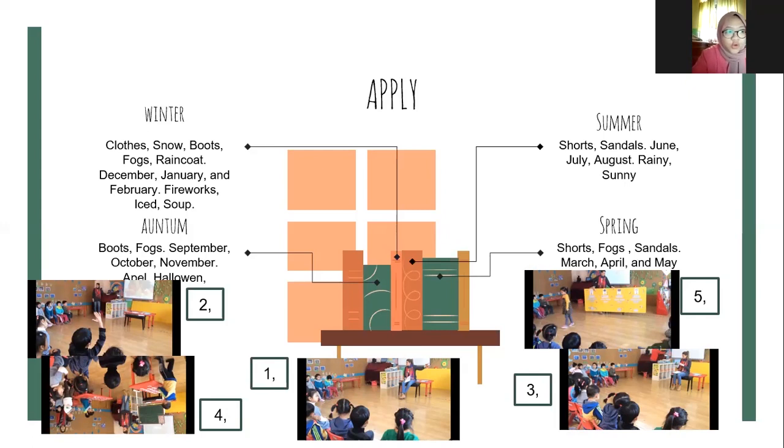For the page 2, the teacher displays several pictures in which one of them is in a certain season. For example, in this page, teacher shows the fruit is apple. There is apple in autumn.